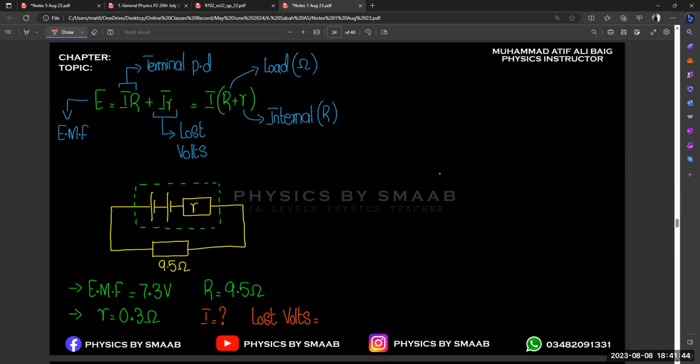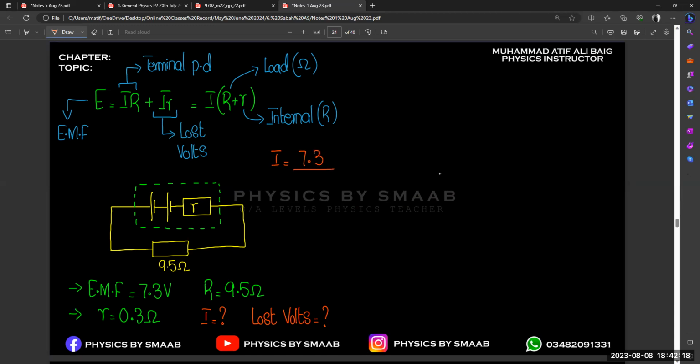So I'm going to do 7.3 equals I, which we don't know, the current, times brackets, and inside the brackets 9.5 plus 0.3, which gives 9.8. Then 7.3 divided by 9.8 will give the value of current, which is 0.74489, or we'll just say 0.75.